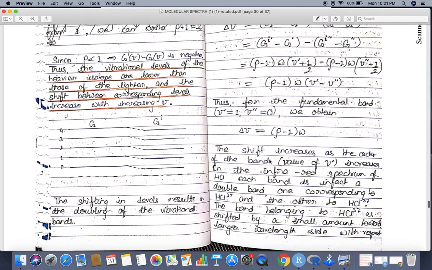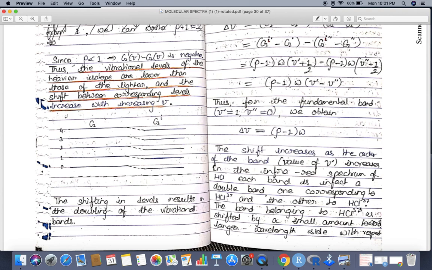So the shift increases as the order of the band, the value of nu prime, increases. Once I increase nu, the band shift will be increasing. For example, in the infrared spectrum of HCl, each band is in fact a double band, one corresponding to HCl35 and the other to HCl37.